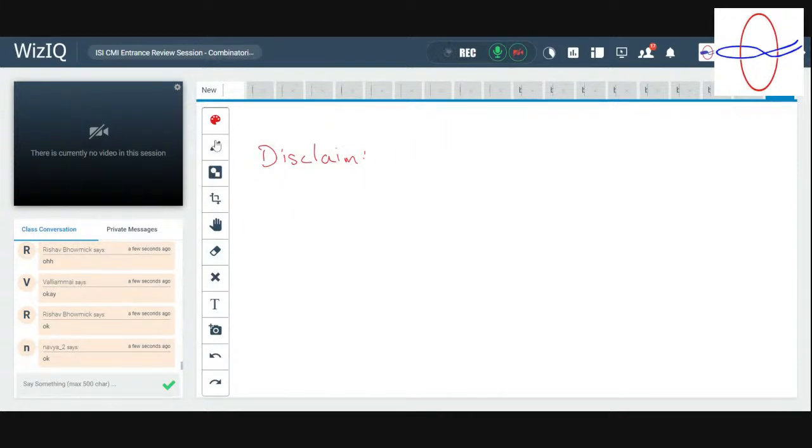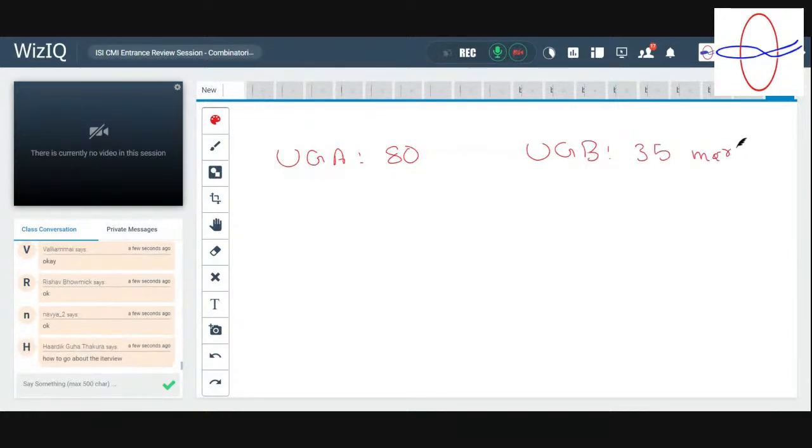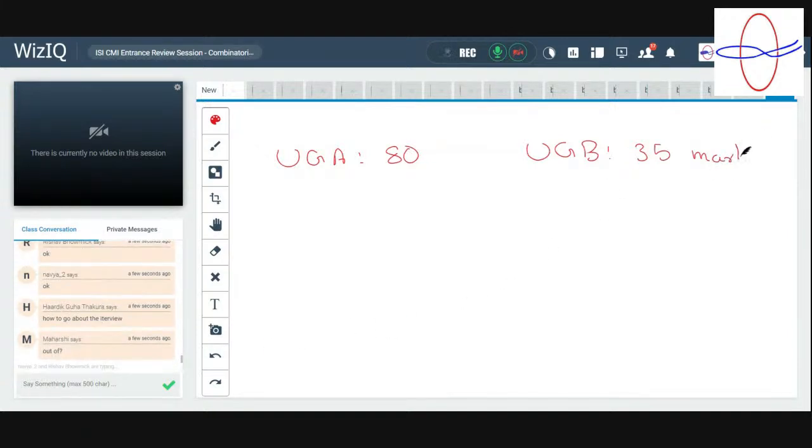Since they are going to take the top scorers, I can compare this way: every year the cutoff hovers somewhere around 80, and for UGB it hovers around 35 marks. This is for this year's entrance, so we are not worried about the interview today. You can attend these sessions next year and then we'll be concerned about the interview.